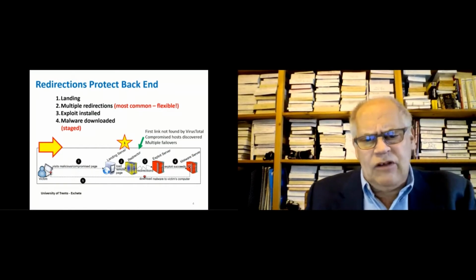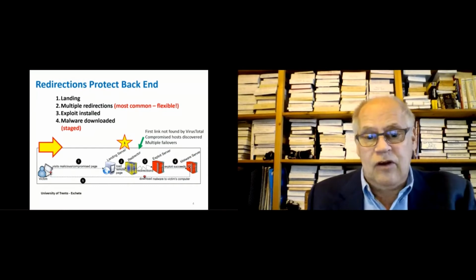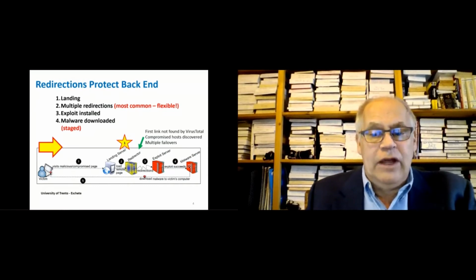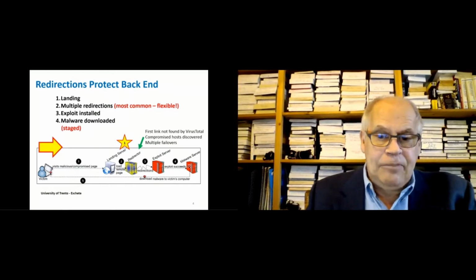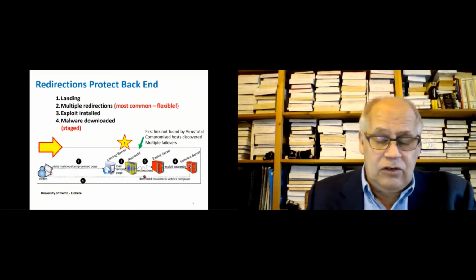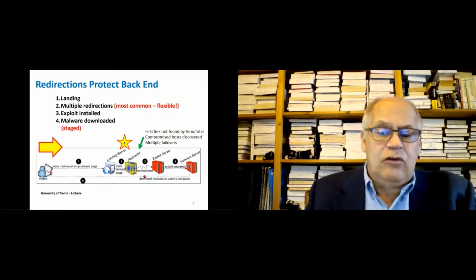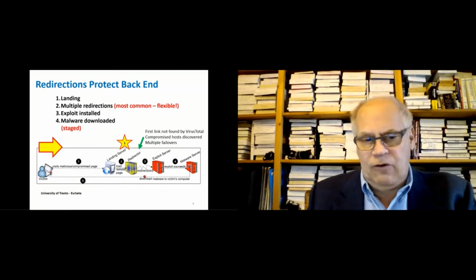And what they're allowing themselves to do here is if one of their compromised websites, which is hosting one of the malware servers or exploit servers, gets compromised, or in other words, taken down, they can actually zigzag their way through a variety of these things and then finally get you to an exploit server, even if some of these sites get taken down. If Constant Contact checks the first redirector and says, all right, this looks like a legitimate site, I don't see any malware on there, it has the redirector on there, and so to actually find the malicious website, you have to go down 3 or 4 layers.